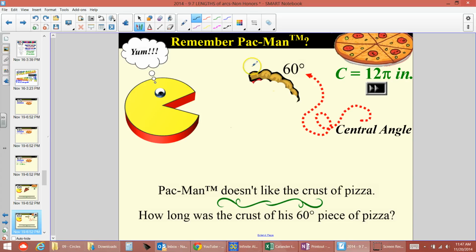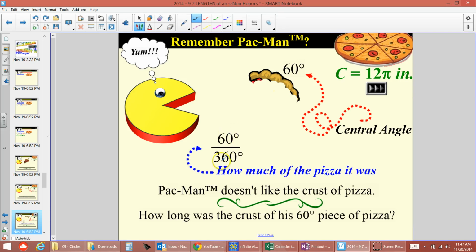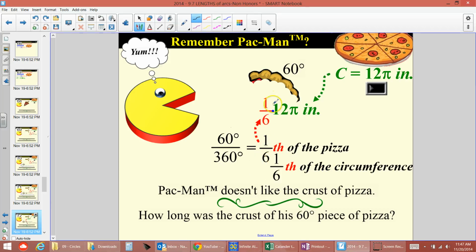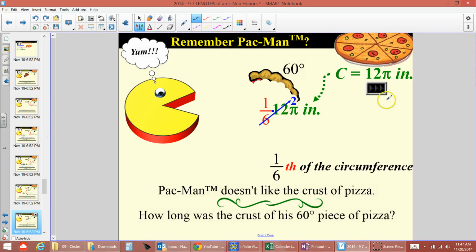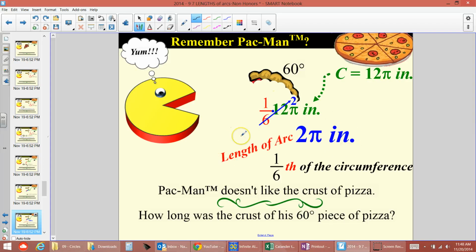So the central angle is 60, so the measure of the arc is 60. So I use that arc and put it over 360, and then I multiply it by the circumference. That's 1/6 of the pizza. 1/6 of the full pizza gets me 2 pi inches. So the length of the arc is 2 pi inches.